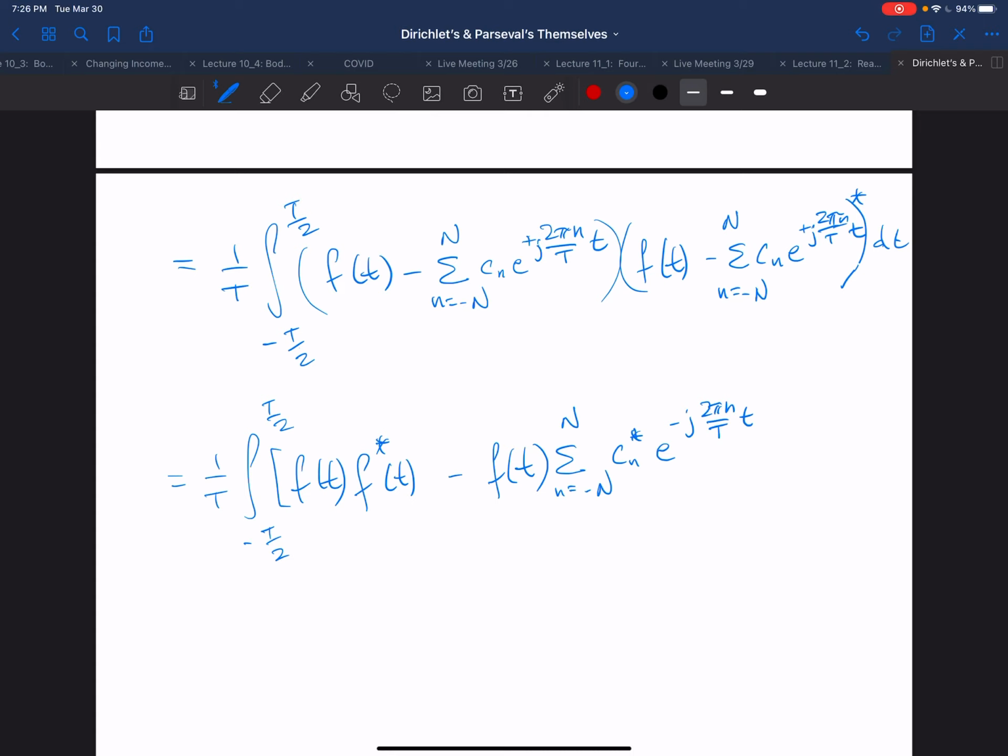So that'll be the multiplication of the outside terms. Then for the inside terms, we'll have, say, minus f star of t times the original partial sum of c sub n times e to the j 2 pi n over capital T t. And then finally, we will have the product of the two partial sums.